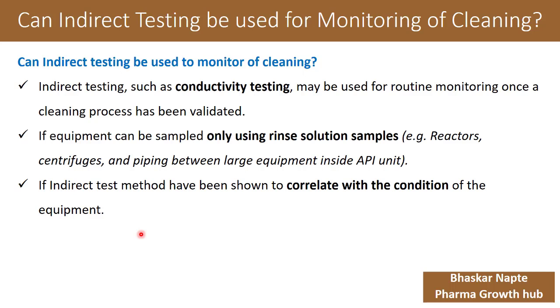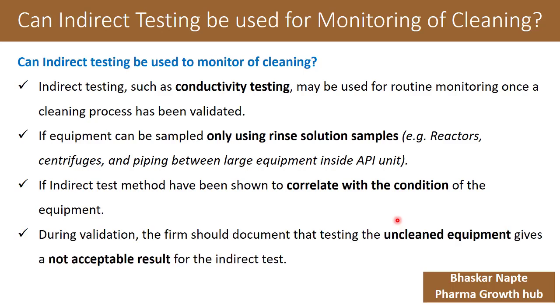And if I test the same sample with the indirect method like conductivity, I also got the result meeting the spec. So what am I proving? I am proving that there is a correlation between the condition of the equipment. If the equipment meets the residue specification by direct testing, it also has met the specification after employing the indirect testing. So correlation with the condition of the equipment has been proven.